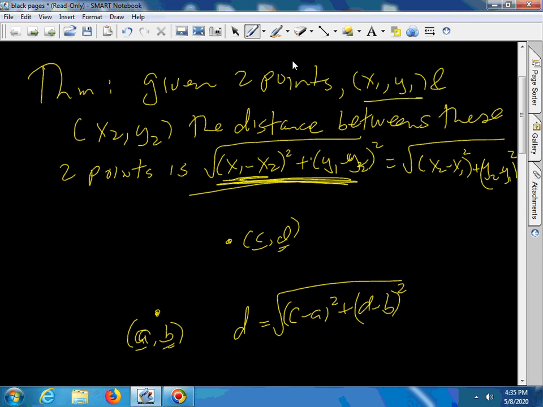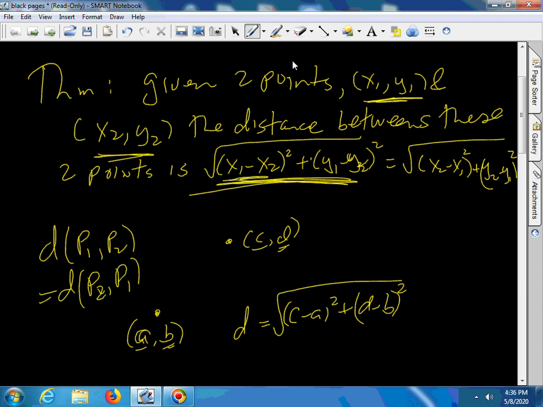This is point 1 and this is point 2. The distance between point 1 and point 2 has to be the same as the distance between point 2 and point 1. That is, I should also be able to say the distance is A minus C squared plus B minus D squared, square root. And I can.